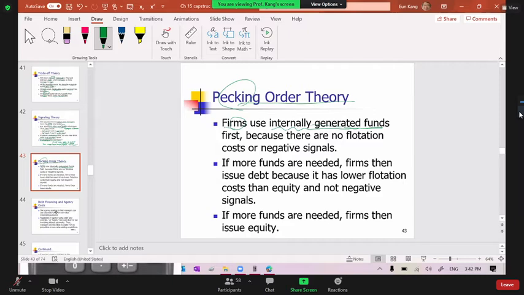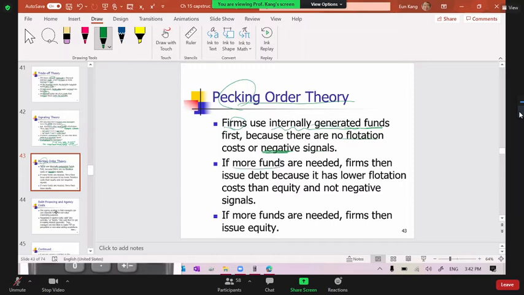So you use internally generated funds first because there are no flotation costs or negative signals, right? If you issue stocks, there is flotation cost. Even if you issue debt or bonds, there is flotation cost. But if you issue stock, there are additionally negative signals.